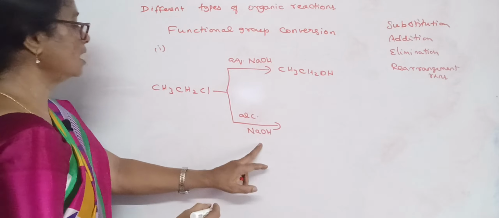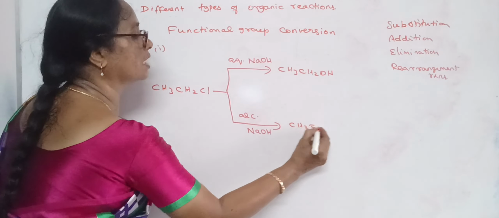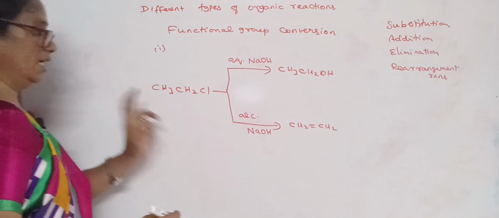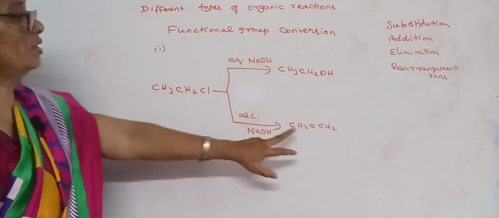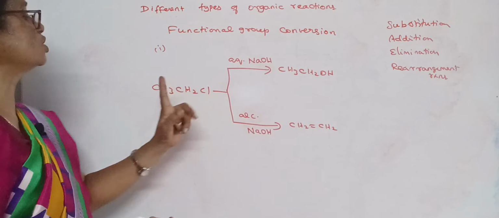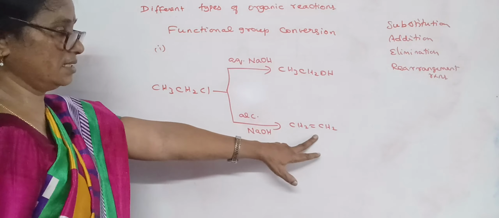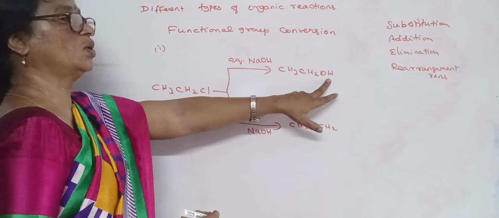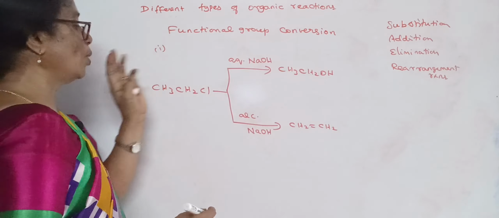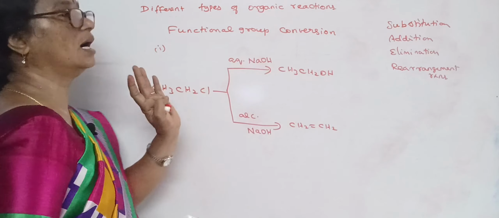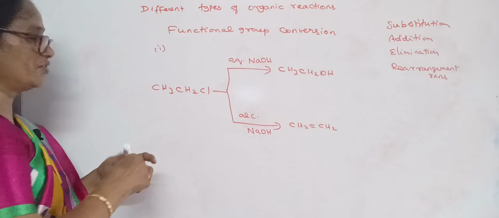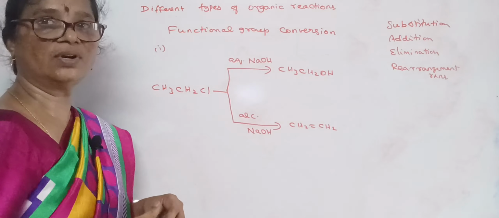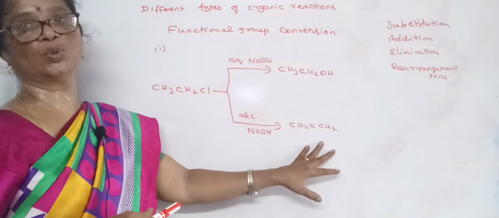But with alcoholic NaOH, this gives alkene, in which the saturated compound is converted into unsaturated. So one functional group changes into another, and in this case the chloro compound is converted into alcohol. In such a way, one functional group can be converted into another functional group.